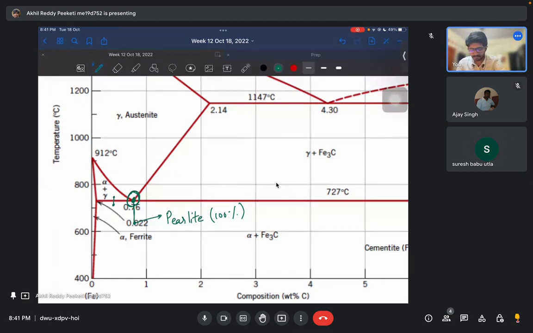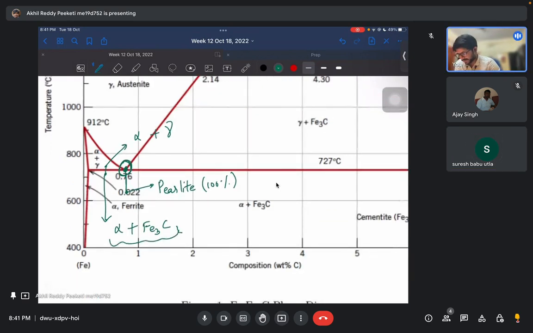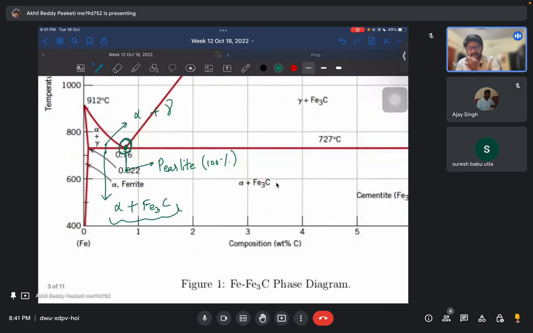At this point, what you have is alpha plus gamma, and below it you have alpha plus Fe3C, right? Now this alpha plus Fe3C doesn't exactly look like separate alpha and Fe3C. What it looks like is alpha plus an eutectoid mixture of alpha and Fe3C.